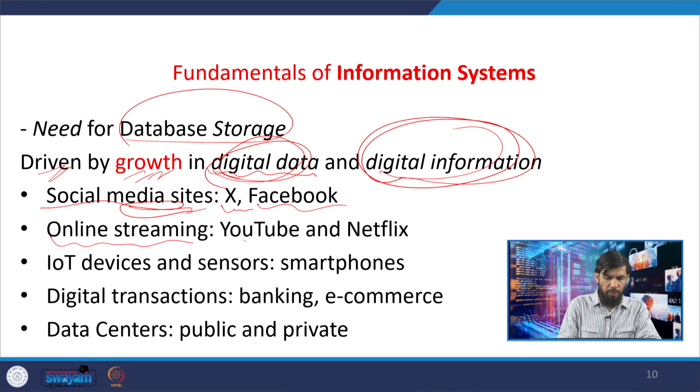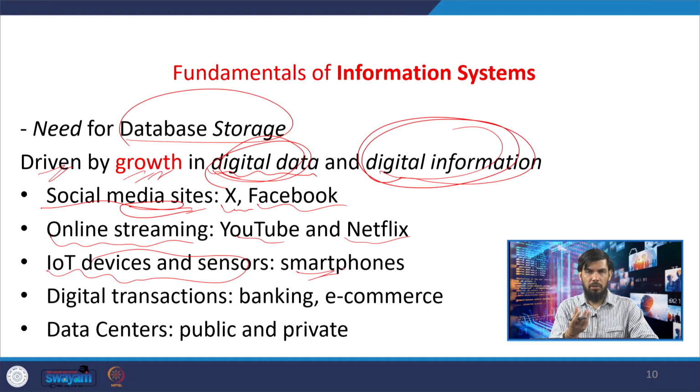Similarly, online streaming, YouTube, Netflix. Similarly, IoT devices and sensors. Smartphones are an example of it, and there are lots of sensors even in a good enough smartphone. All that data is getting accumulated, and through apps the permissions are granted, and many organizations are able to access that data from the consumers through smartphones.